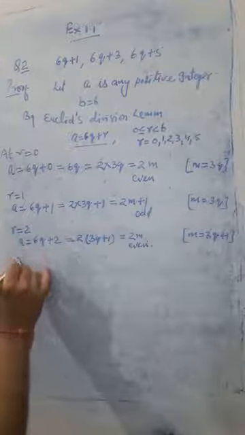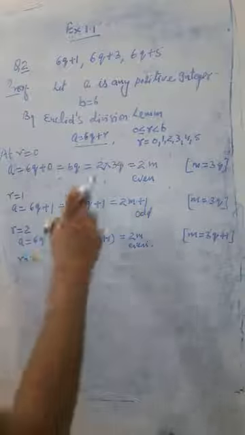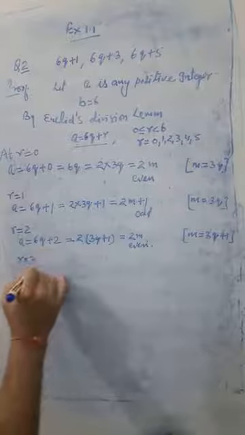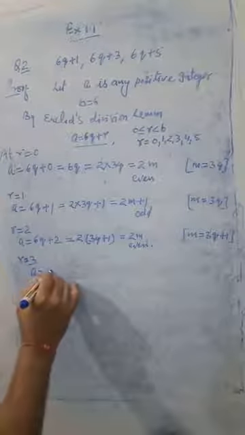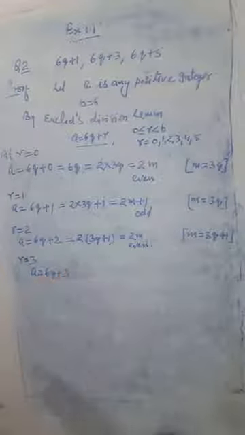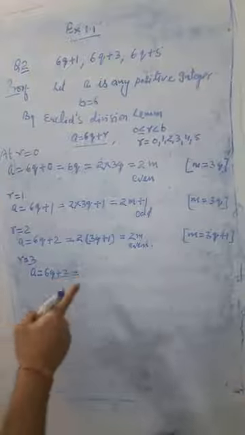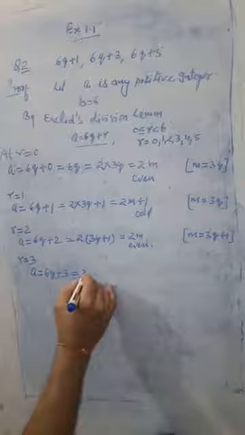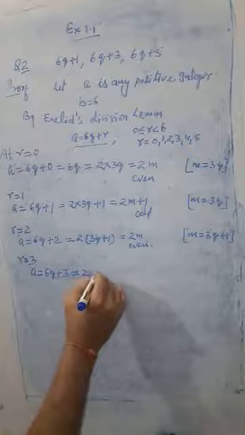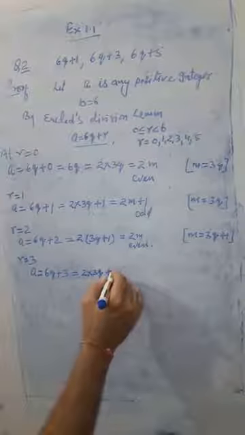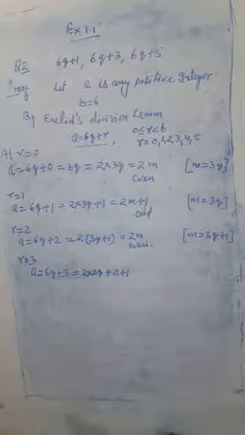Again, r is equal to 3. So a is equal to 6q plus 3. We can write it as 2 into 3q plus 2 plus 1.